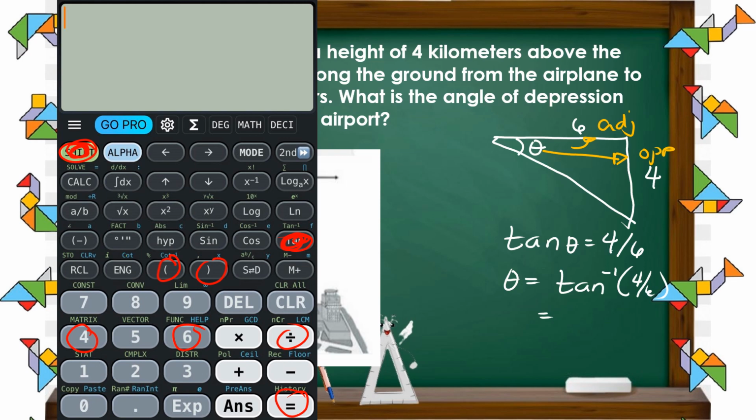So we have shift tangent 4 divided by 6. So your angle is 33.69 degrees. Okay, so that is our answer for the second example from the learner's pocket.